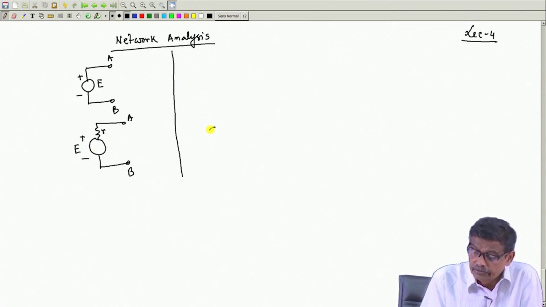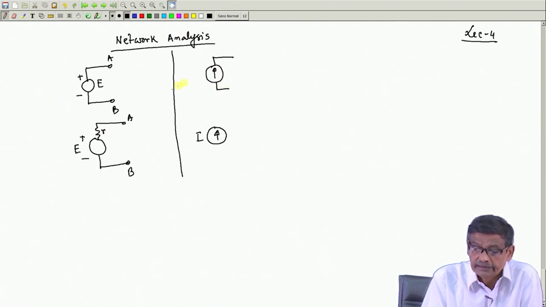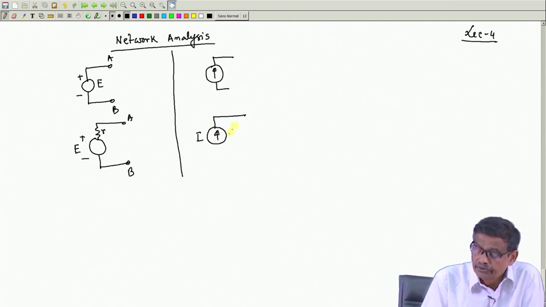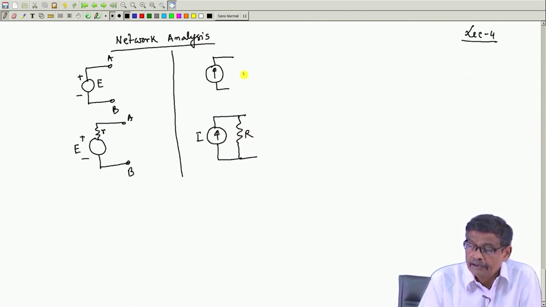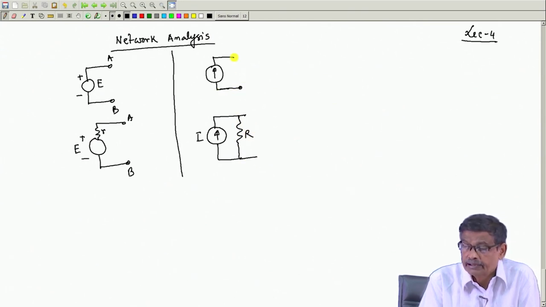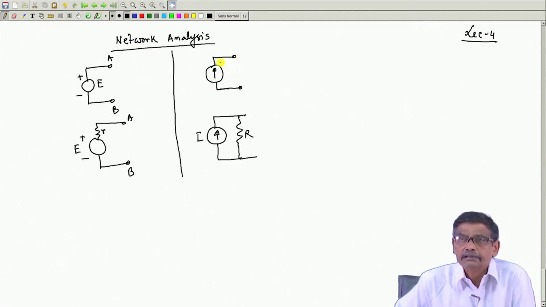Similarly, a practical current source will have a specific magnitude of current. This is the ideal one, without any internal impedance. In case of a current source, the internal impedance we discussed is connected in parallel with it, and for an ideal current source the internal impedance or resistance is very large.